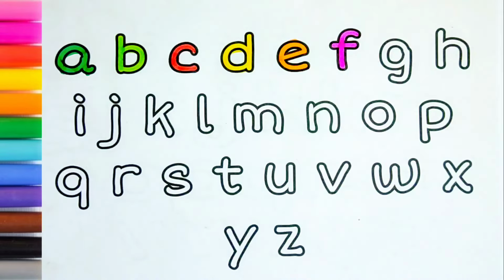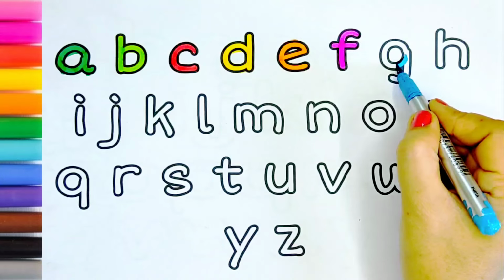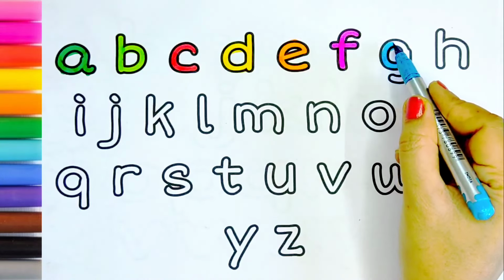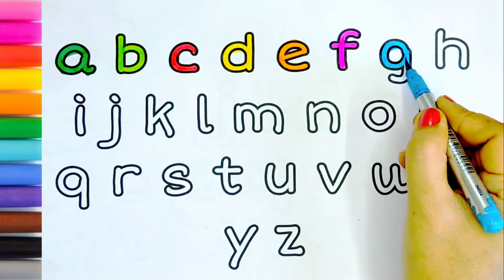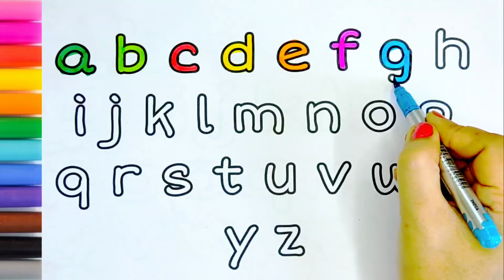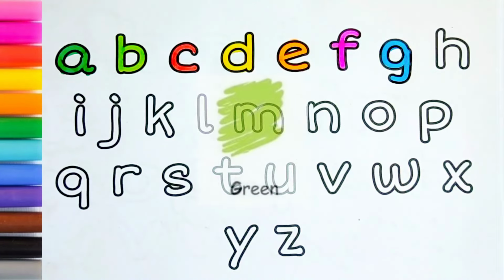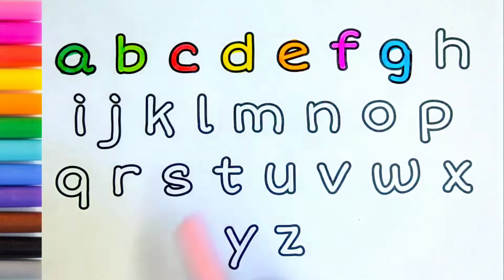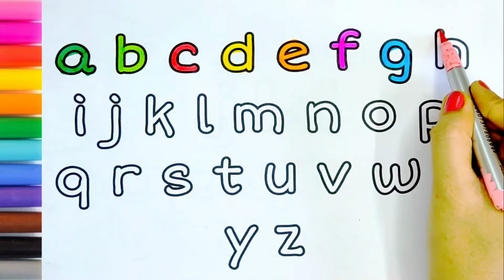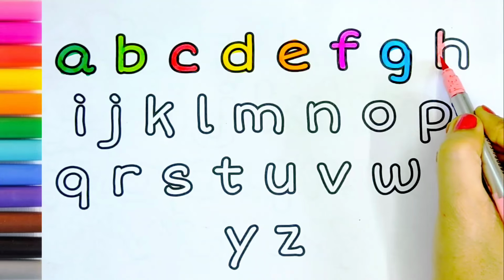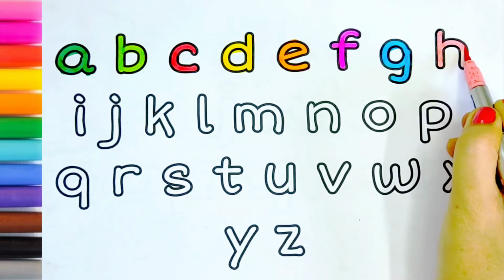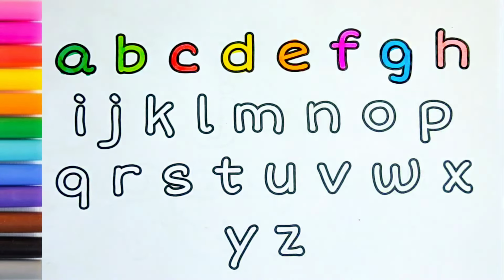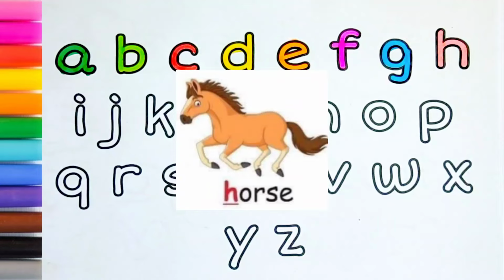Sky blue color. G. G for green. Peach pink color. H. H for horse.